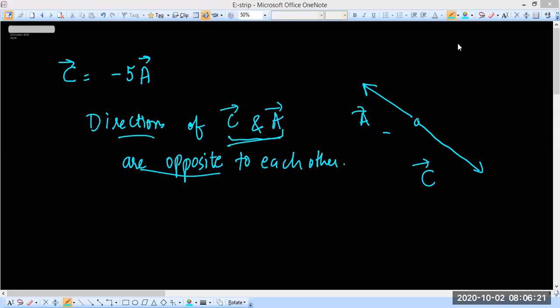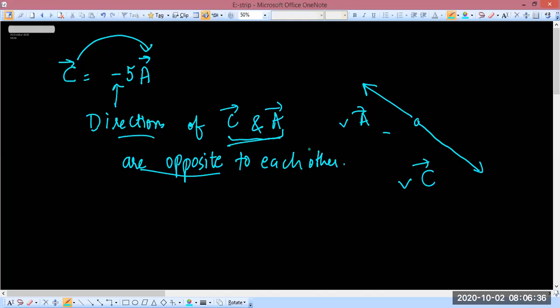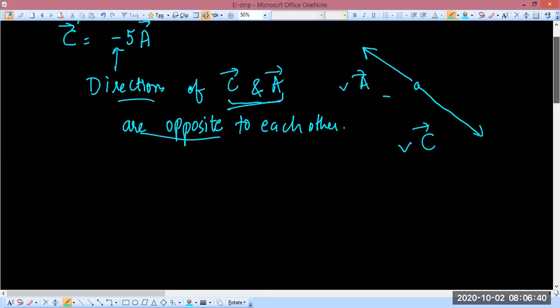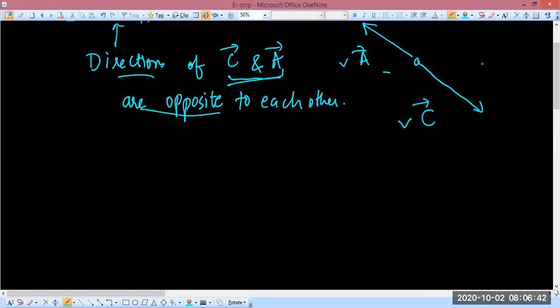It could be anywhere, but whatever it is, A and C are opposite to each other in direction, right? So that is the meaning of this minus sign again. This means C is opposite to A. That's what it means, wherever A is, right? Okay, fine.